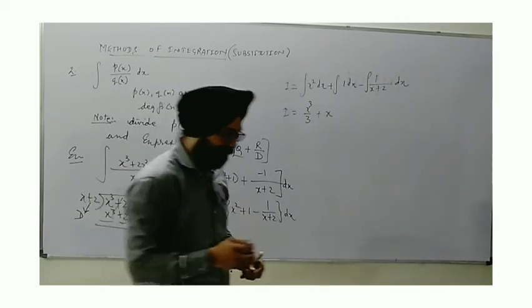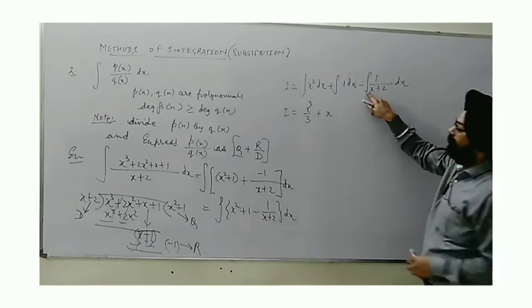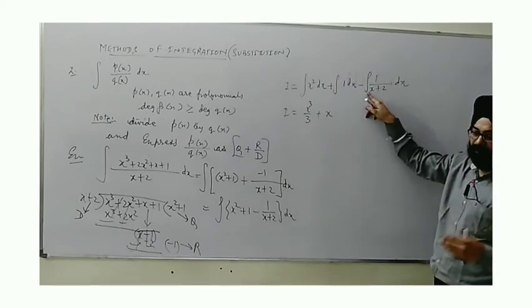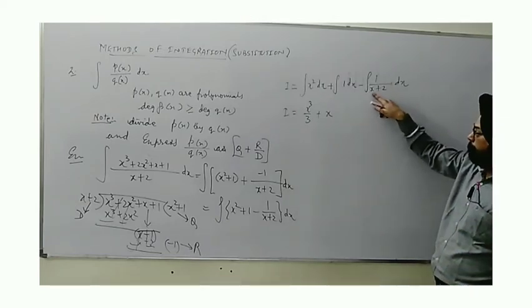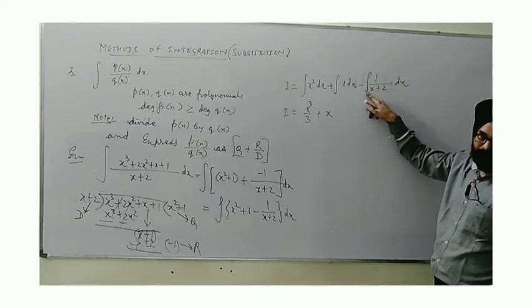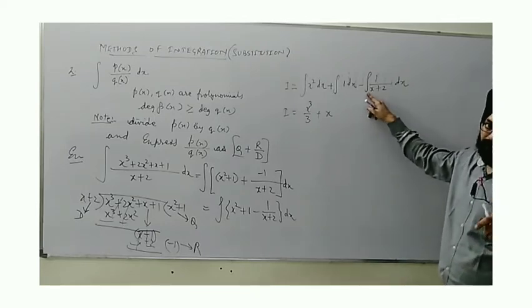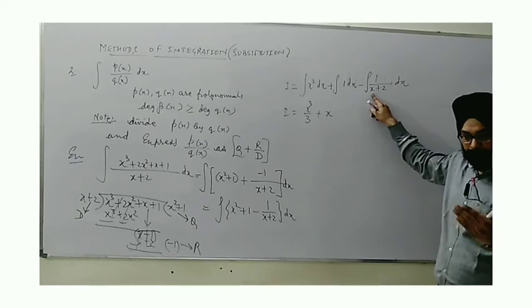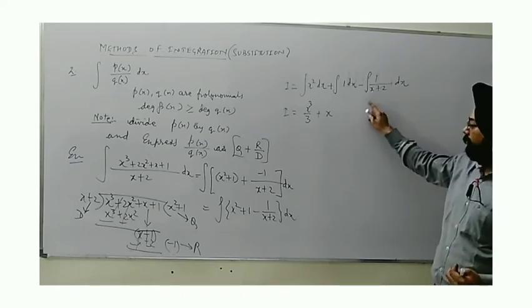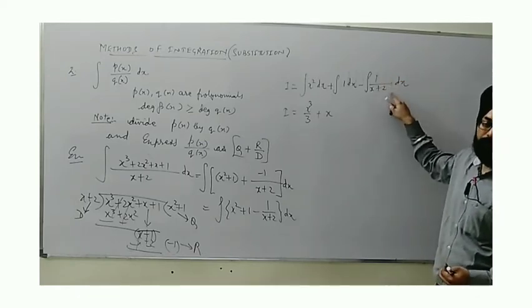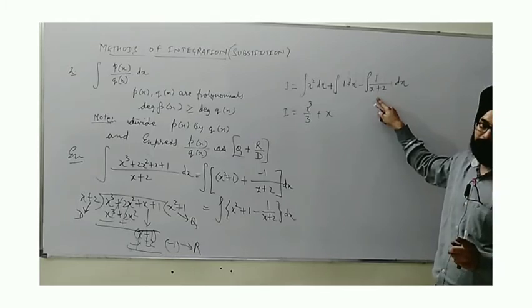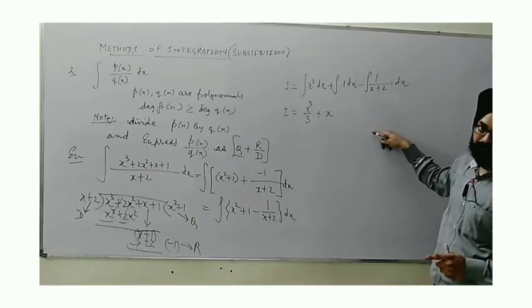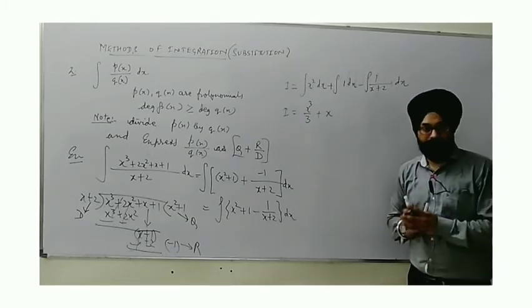And why I say directly: you can see the coefficient of x is 1 here. Every time I will keep repeating this: the coefficient of x is 1. Whatever the coefficient of x in the linear polynomial, we divide the result by it. Otherwise it is 1 upon x plus 2, so its integration will be log of x plus 2 divided by 1. Finally it is log of x plus 2.